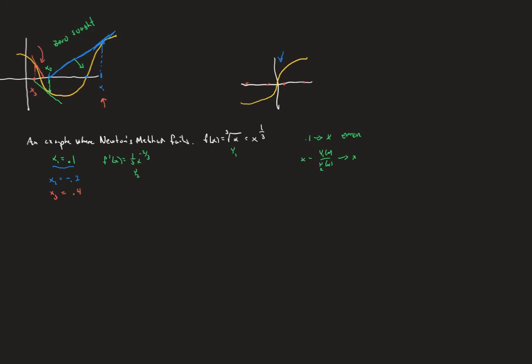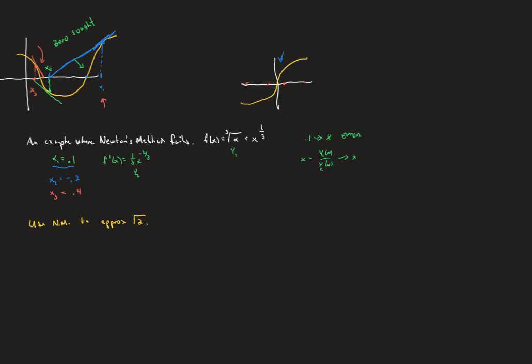So let's use Newton's method to approximate the square root of 2. We first need to come up with a function that has the square root of 2 as a 0.